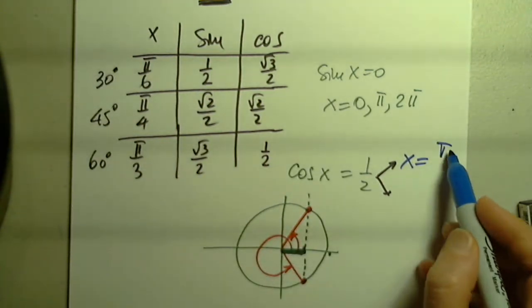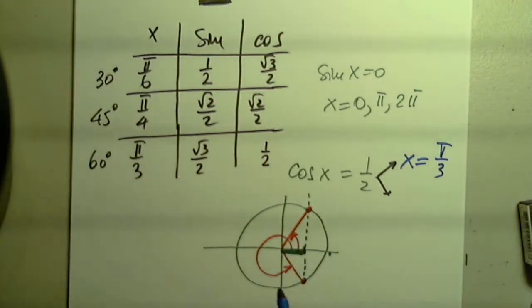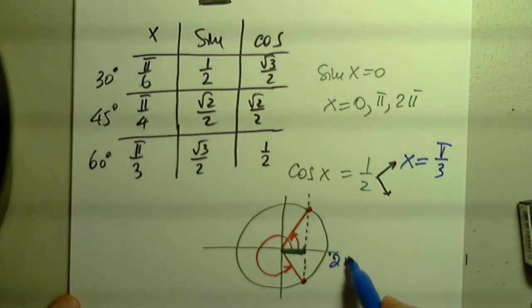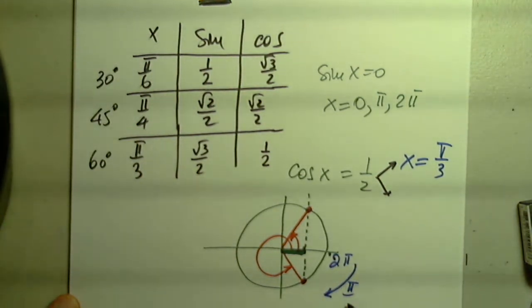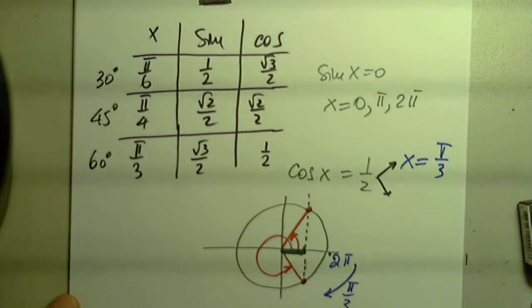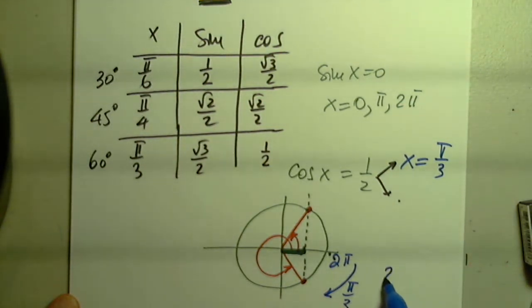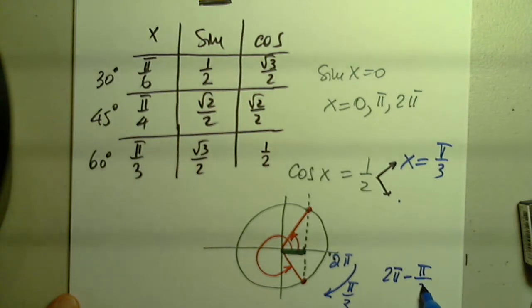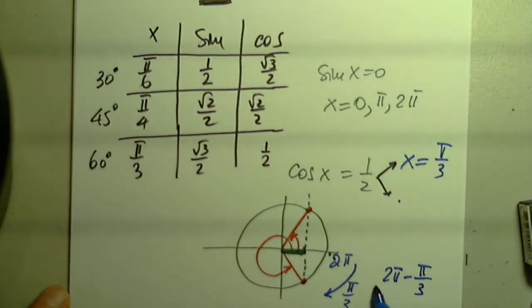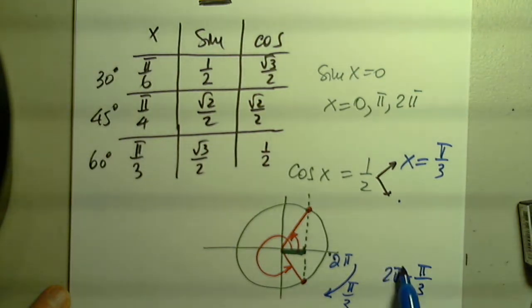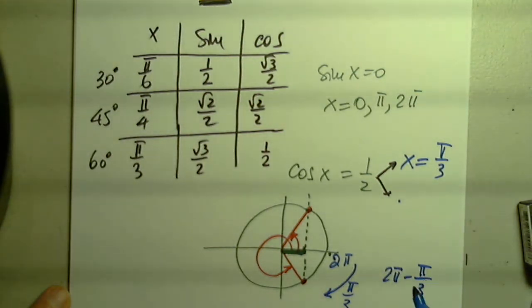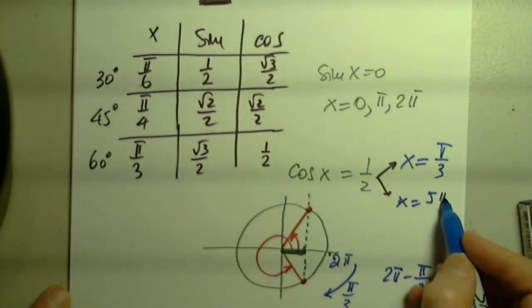Good, pi over 3. And this one, here's how we determine this. From 2 pi, we go back pi over 3. So this angle is 2 pi minus pi over 3. 3 times 2 is 6, minus 1 pi. So x equals 5 pi over 3.